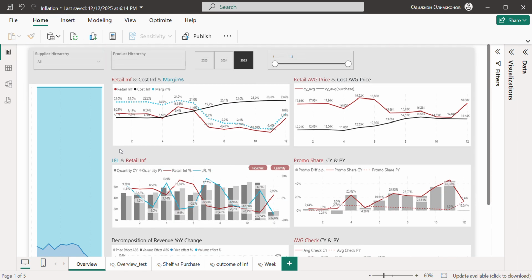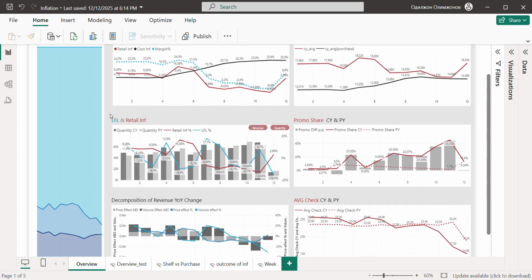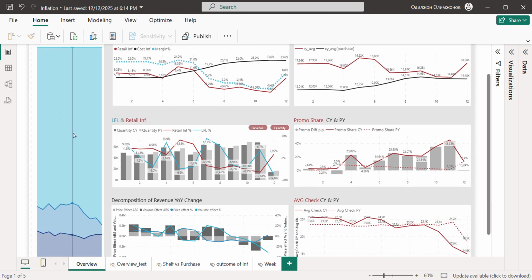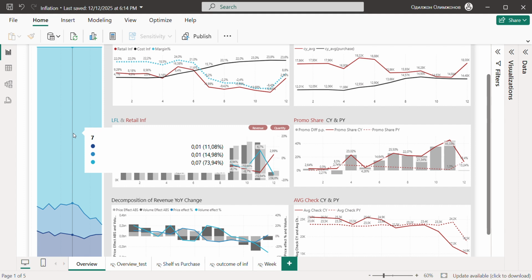Also there is the penetration of the subcategories in the categories that we select from this filter. So you can see that in 7 months the penetration or share of sales of third subcategory, which is 73%, kind of holds the 70% of sales.